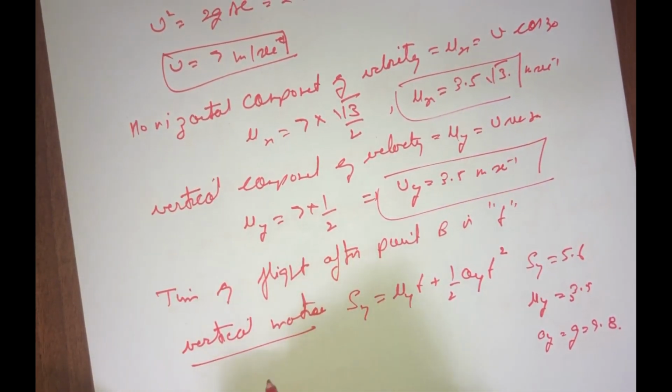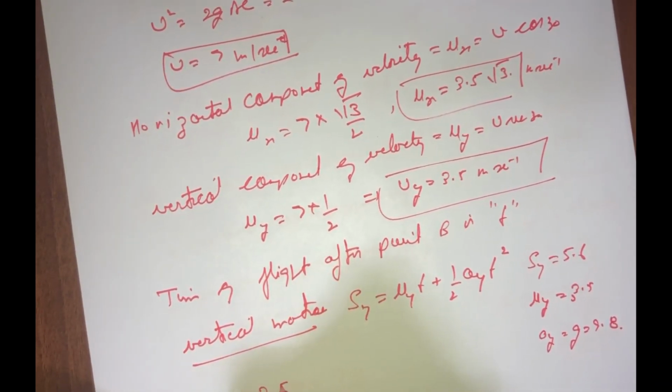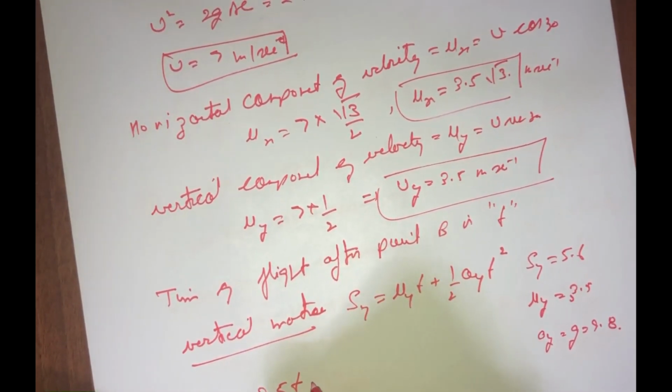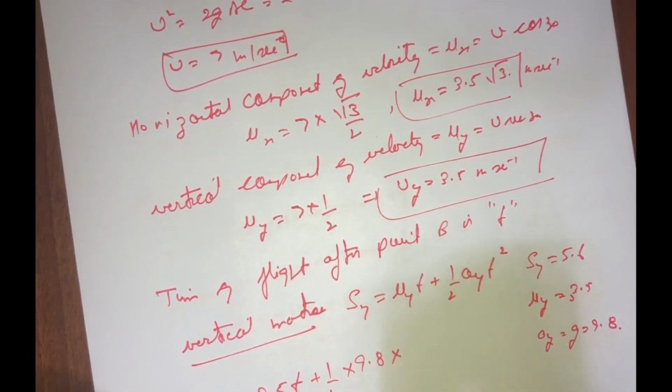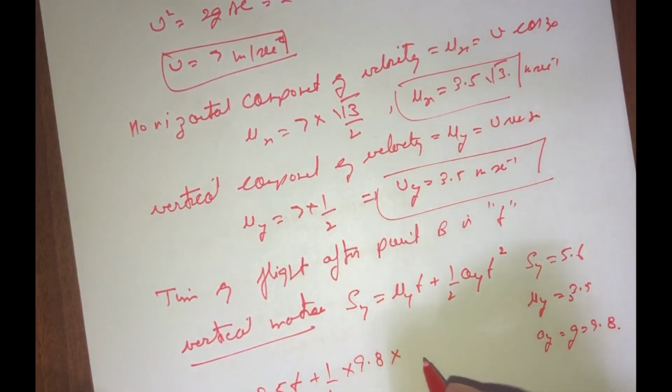So substituting these values, we get 5.6 is equal to 3.5 t plus half 9.8 t square.